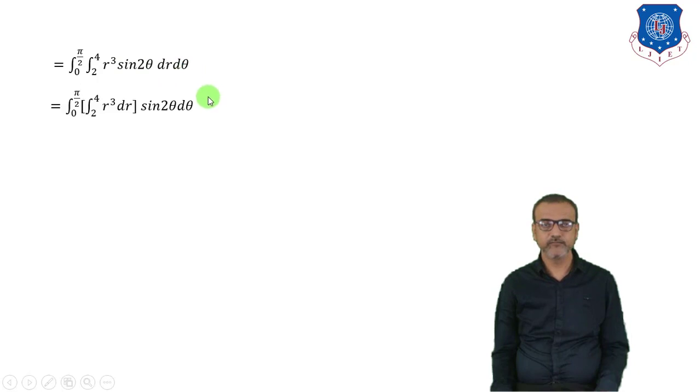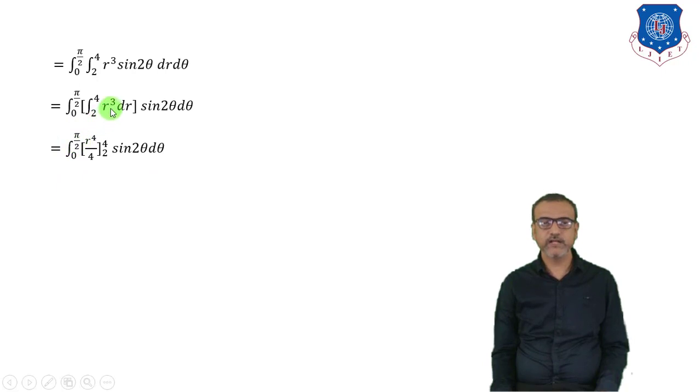of r cube sine 2 theta dr d theta. Now this is equal to the integration from 0 to pi by 2 of the bracket integration from 2 to 4 of r cube dr, and over here we have sine 2 theta d theta. Here we are going to integrate this function with respect to r, keeping sine 2 theta constant. So this is equal to integration from 0 to pi by 2.